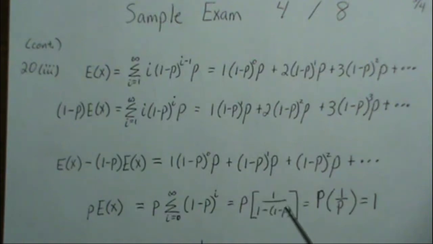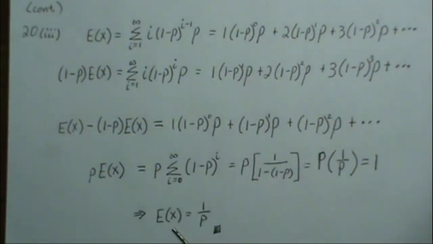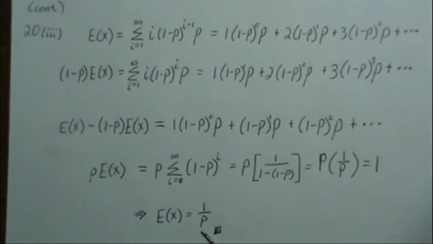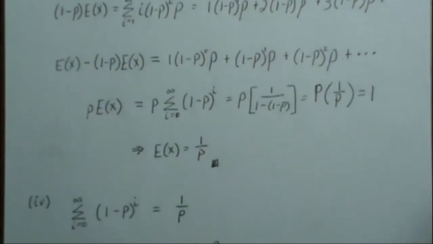Well, this becomes 1 over p, and p times 1 over p is just 1, but 1 is equal to p times the expected value of x, so that implies the expected value is 1 over p, the same solution that we got in the previous two solutions.